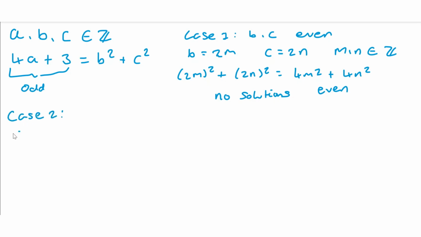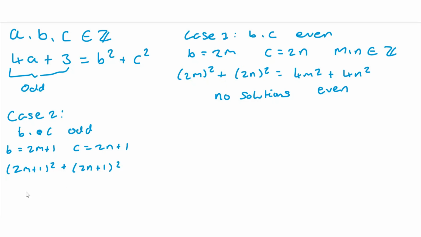So what's the second case? Well, I'm going to consider b and c odd. So now we have b is equal to 2m plus 1, c is equal to 2n plus 1. Let's consider b squared plus c squared. We get (2m plus 1) squared plus (2n plus 1) squared.